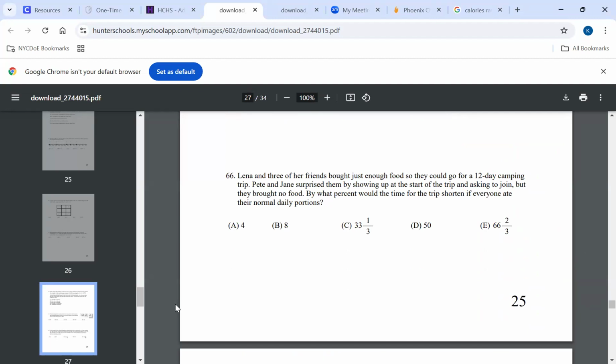Number 66. Lena and 3 of her friends brought just enough food so they could go for a 12-day camping trip. So there's Lena and 3 of her friends, so that's 4 people to start out with. Pete and Jane surprised them by showing up at the start of the trip and asking to join, but they brought no food, so that's 2 extra.